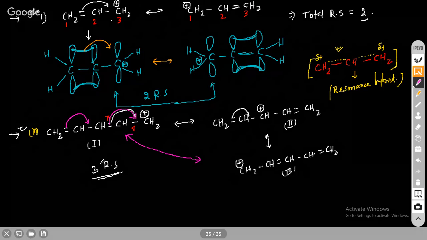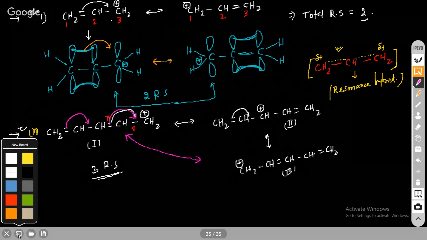Okay. Now you see the other one. This one, tell me how many resonating structures are possible. Possible or not? Yes or no? Tell me.